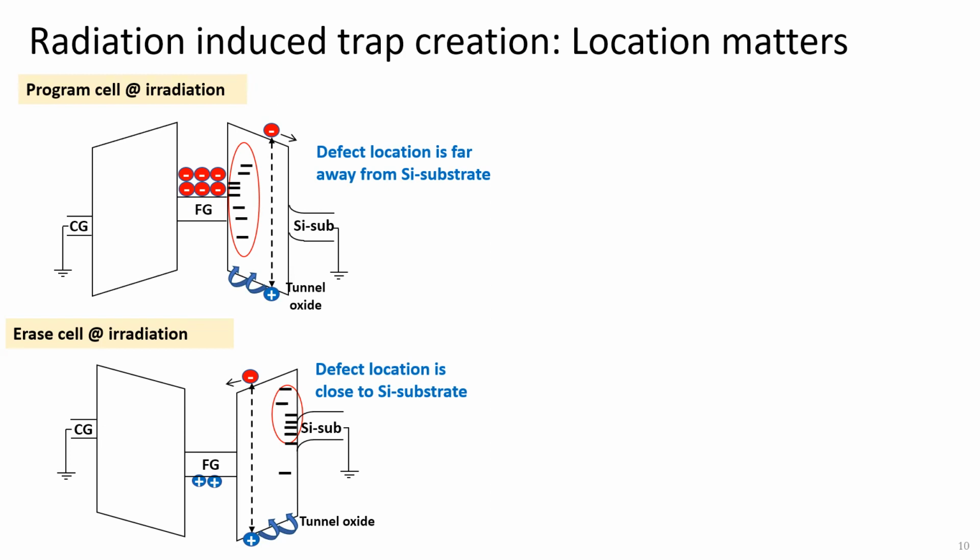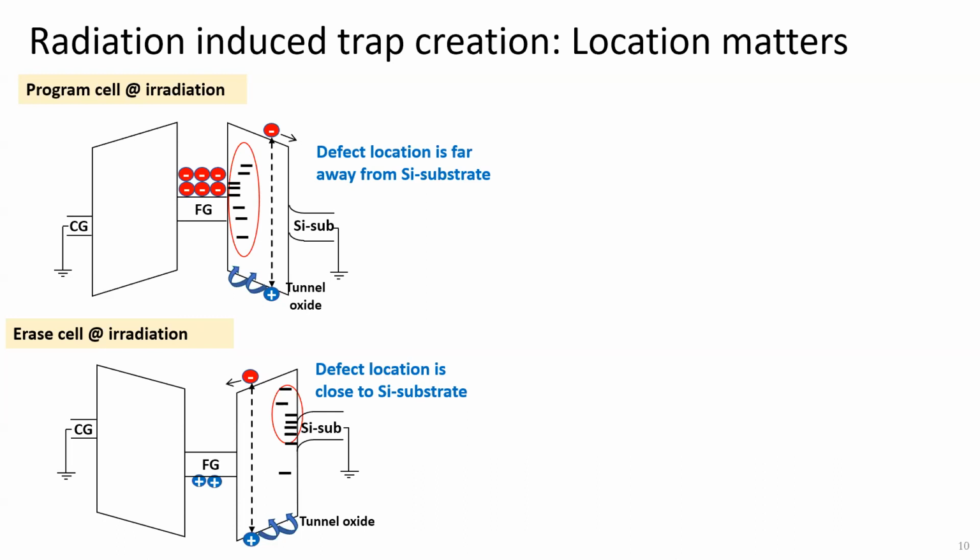That is the more critical interface, and with more defects there, this second cell will cause a lot of reliability issues. So that is the crux of the idea: to prevent defects at the oxide-silicon interface, we have to just program the cell.